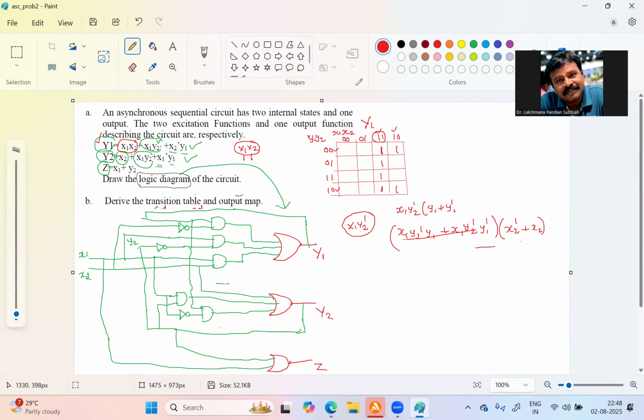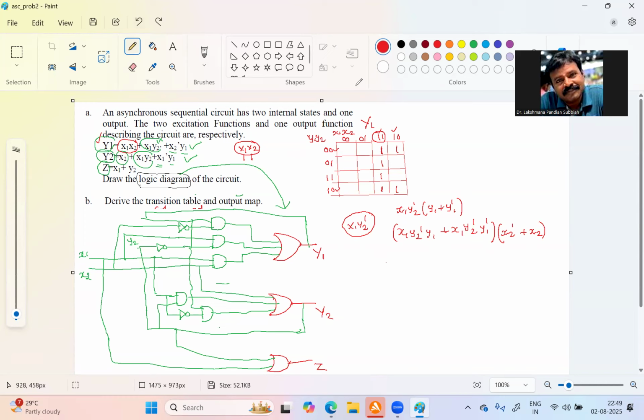If you are multiplying that one, this one is actually value 1, so there is no change. So here we are getting now y1 y1 dash, then one more variable is missing now, x2. So x2 dash plus x2 is multiplied, then there is no change in value, right?